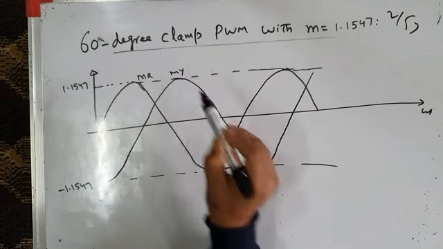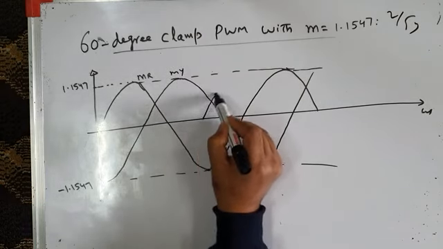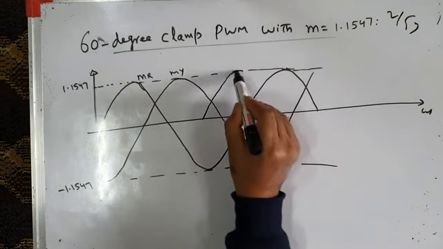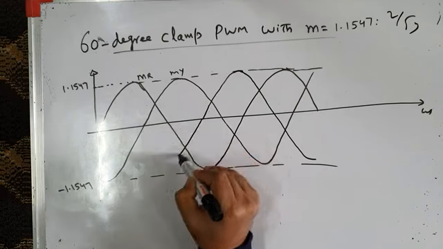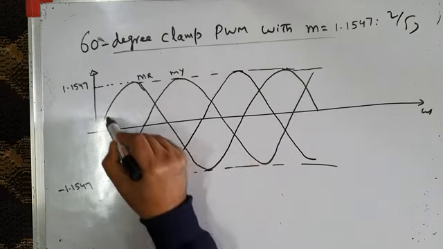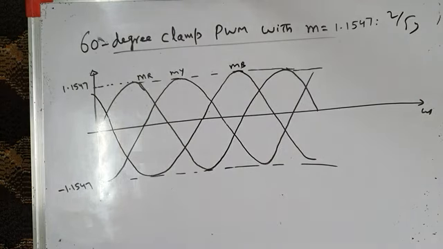This is MY, and MB will also start after further another 120 degrees. This is MB. Now this is my 30 plus 30, 60 degrees.